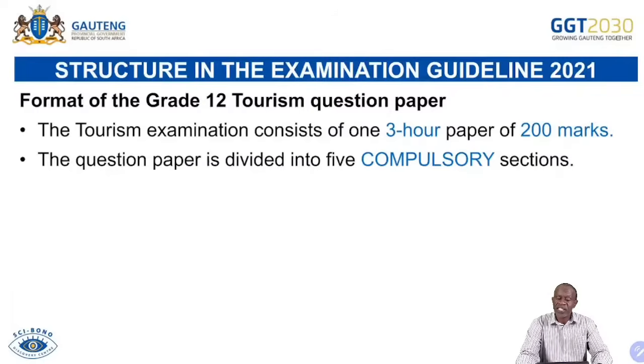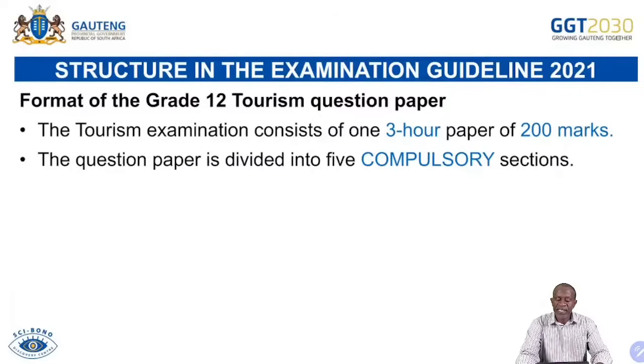The tourism question paper consists of a 3-hour paper of 200 marks. So there is only one paper that you are going to sit for. The duration of the paper is 3 hours, and the total mark is 200.